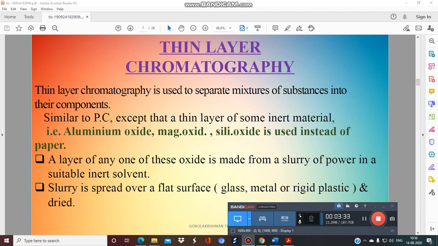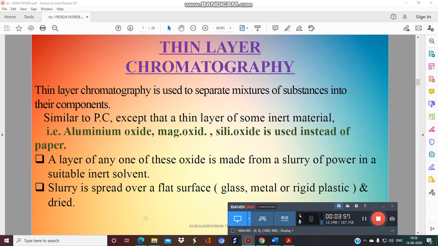So let's see, thin layer chromatography is used to separate a mixture of substances into its components, and we use different types of stationary phases. I hope you remember that the stationary phase, particularly in case of TLC, is also known as adsorbent. There are different types of adsorbents that we use in TLC, like silica gel G, yes, it is an adsorbent.